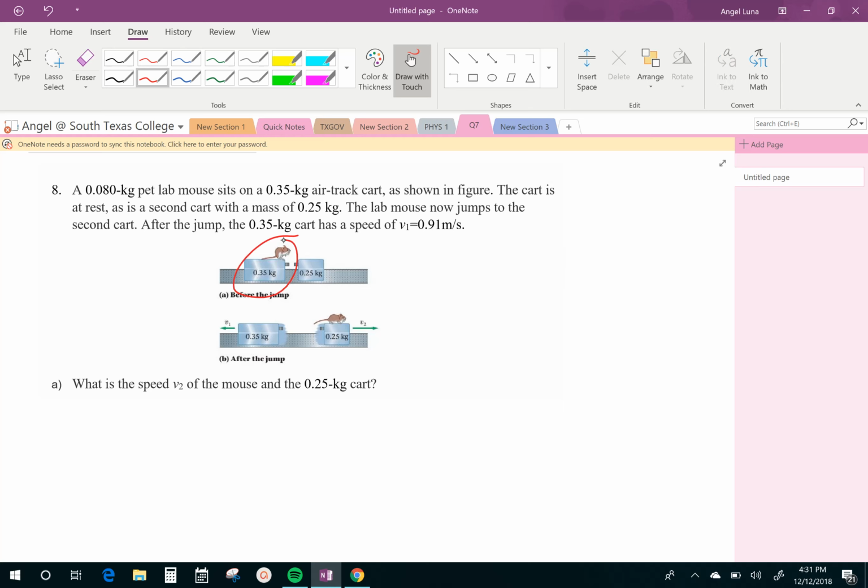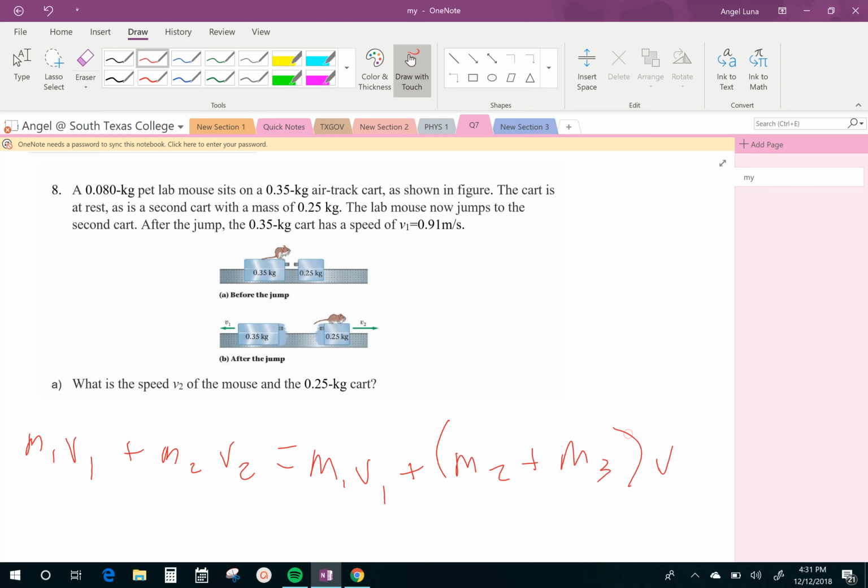And since there's a change of mass within the objects, we're going to apply the specific formula where m1v1 plus m2v2 equals m1v1 plus (m2 plus m3) times v2. m2 only represents this cart, and m3 is going to represent the mouse.